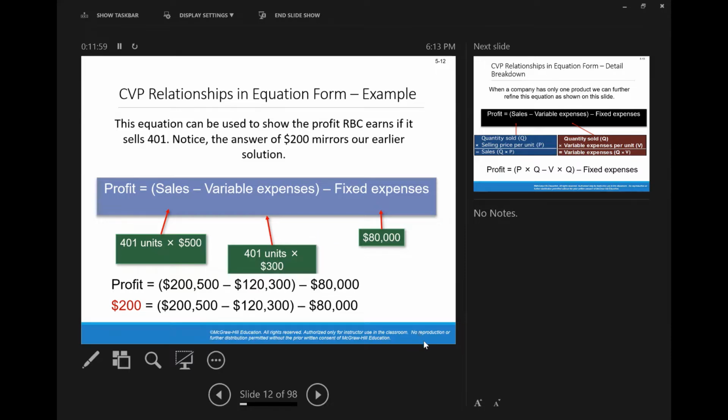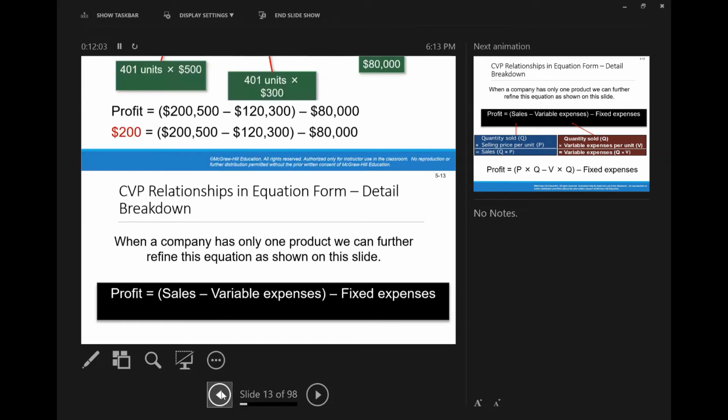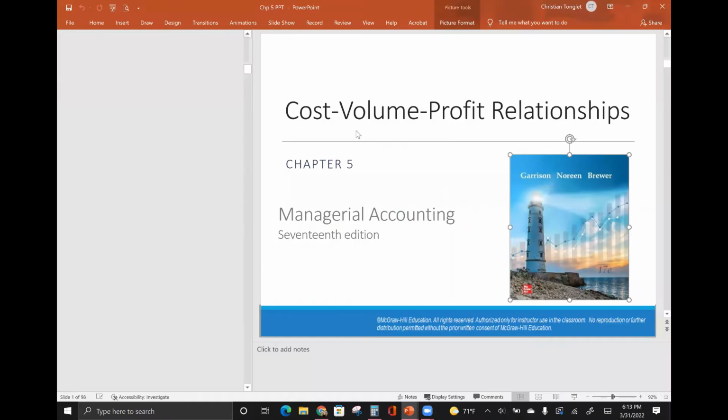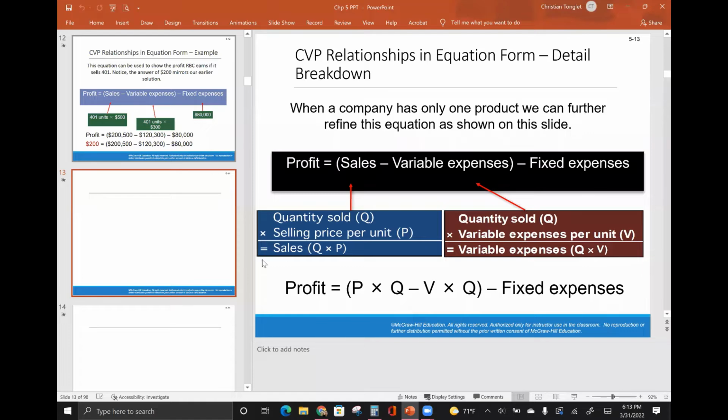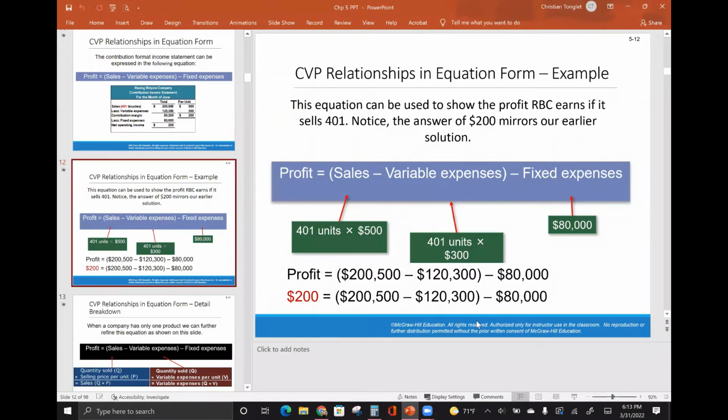So you have 401 units times 500. I had to do something. Maybe I can exit out of it. Okay, they are separate slides. So I might have it on present view or something where it just keeps rolling. All right, so we have 401 units times 500, which is 200,500.